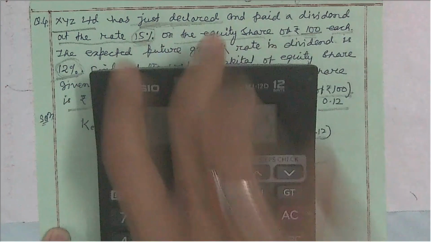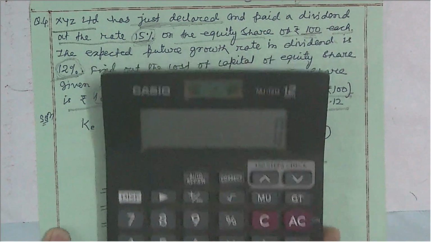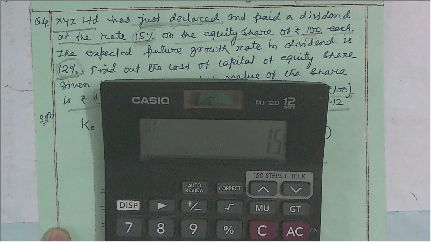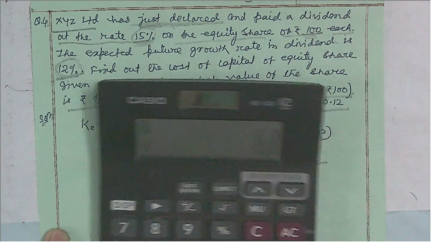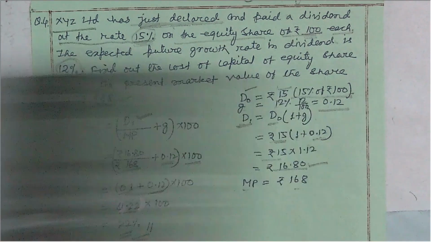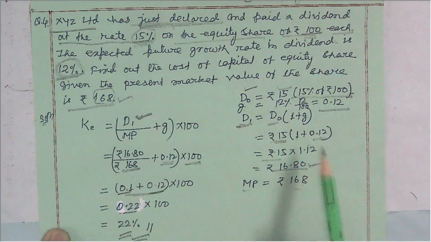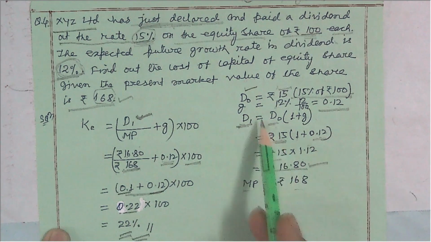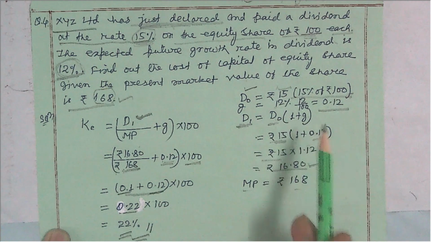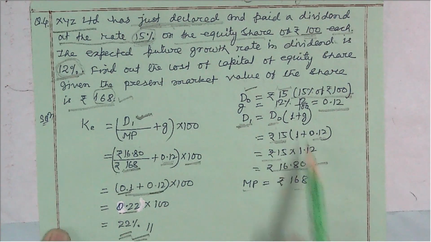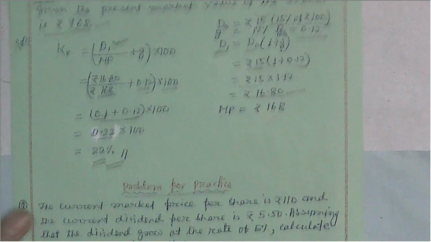If you calculate it directly, 15 rupees is the last year dividend, and this year it will be increased by 12%, so 15 into 12% added, it is a total of 16.8, that is 16 rupees 80 paise. Or you can calculate using this formula also, D1 equals D0 into 1 plus G, and you will get 16.80.